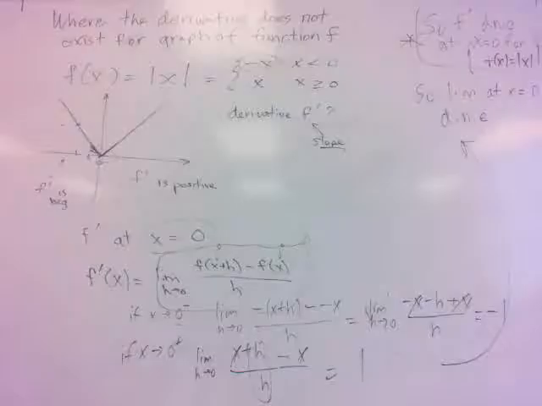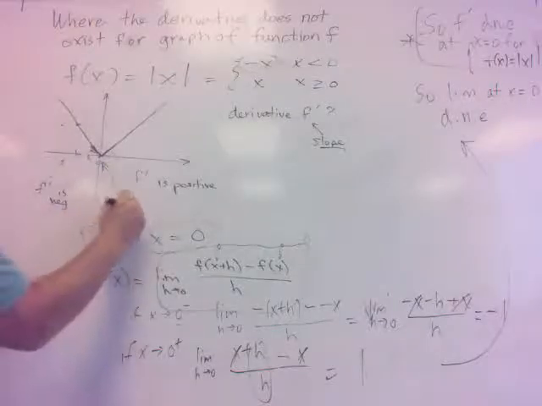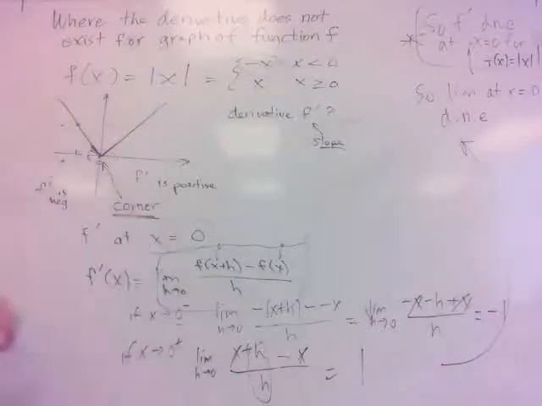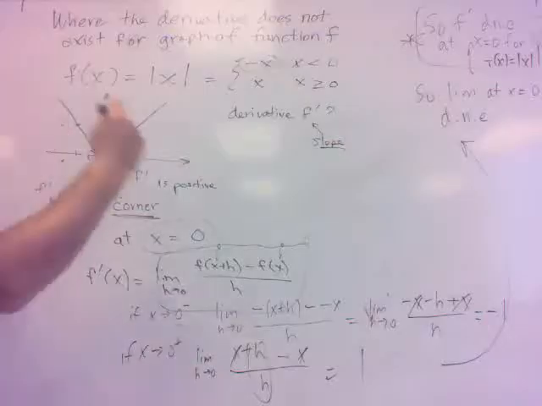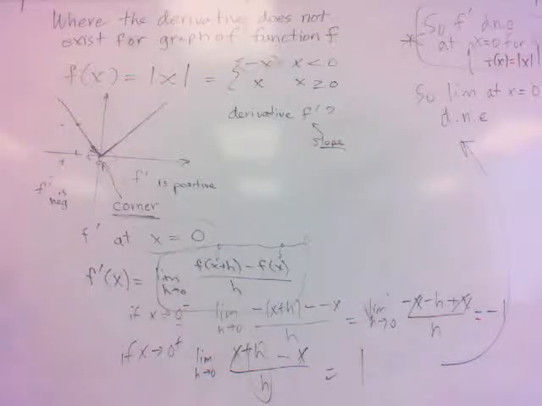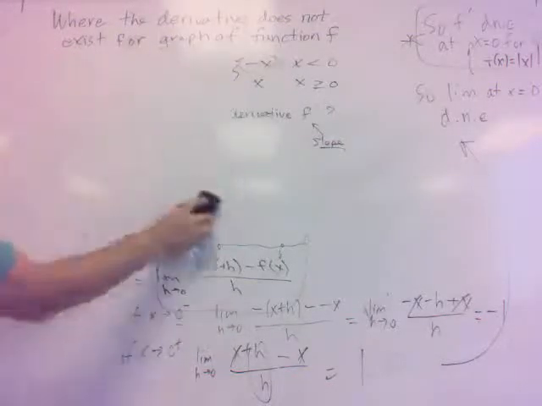Wherever you have a corner, which in this case is x equals 0, the derivative for that graph, whatever function it is, does not exist. The same thing happens for any corner on any graph. If you have a corner on a graph, the derivative does not exist at that corner.